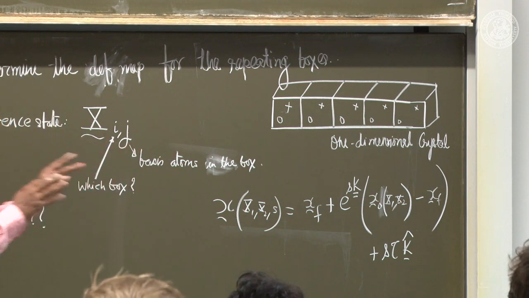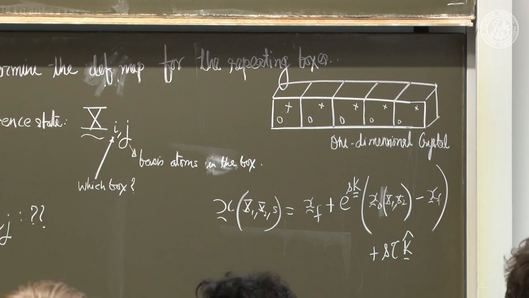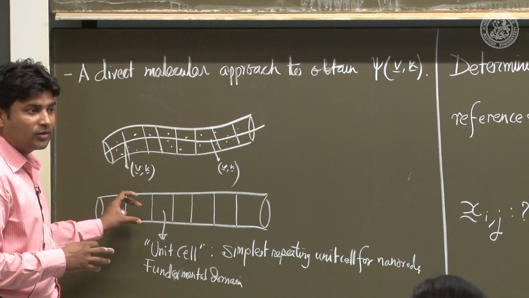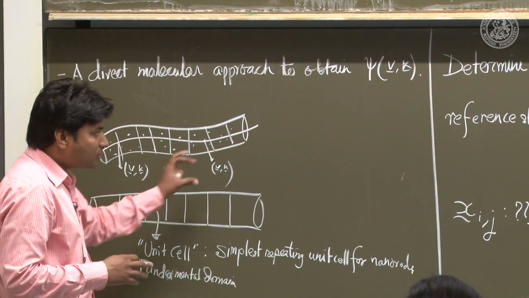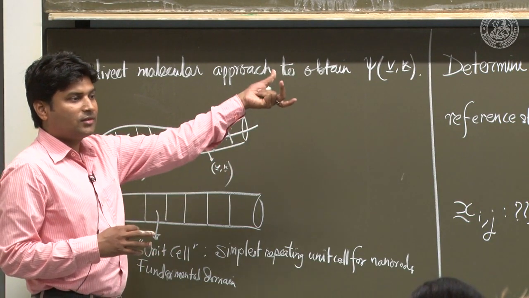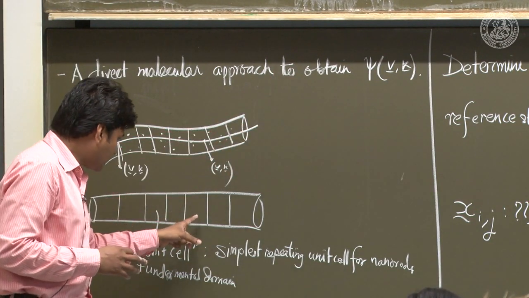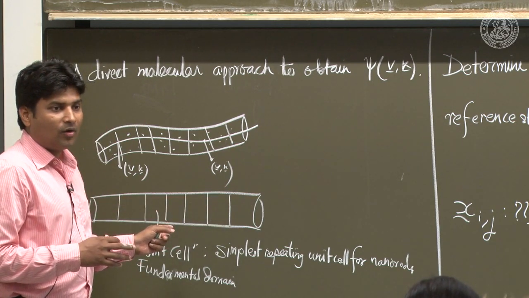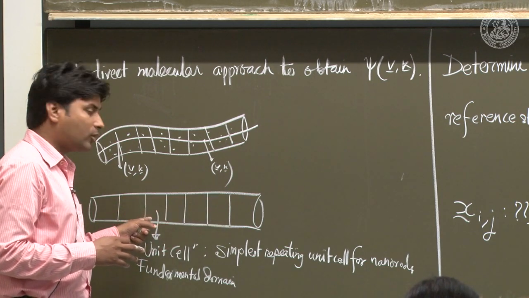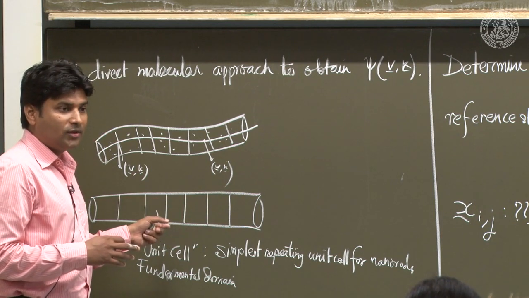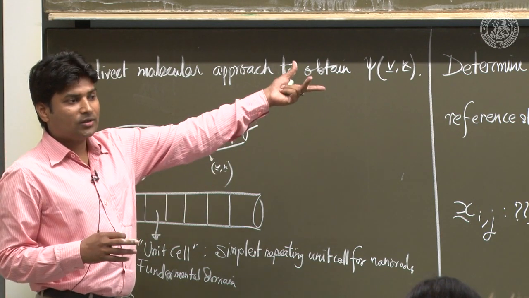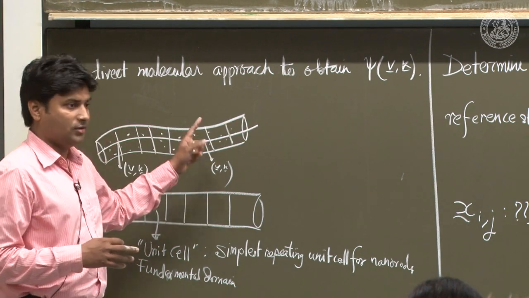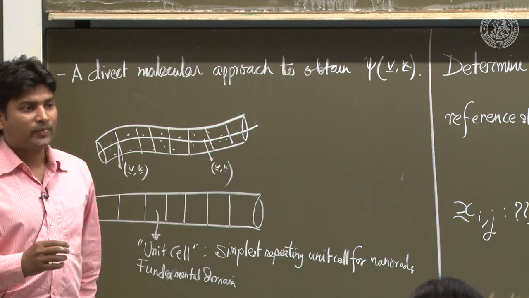So, somehow you have to do a similar thing over here. Maybe you identify a box corresponding to s equal to 0, and that you translate and rotate to get the box for any other s. Or you think of a box corresponding to I equal to 0, which you translate and rotate to find another box corresponding to any I.